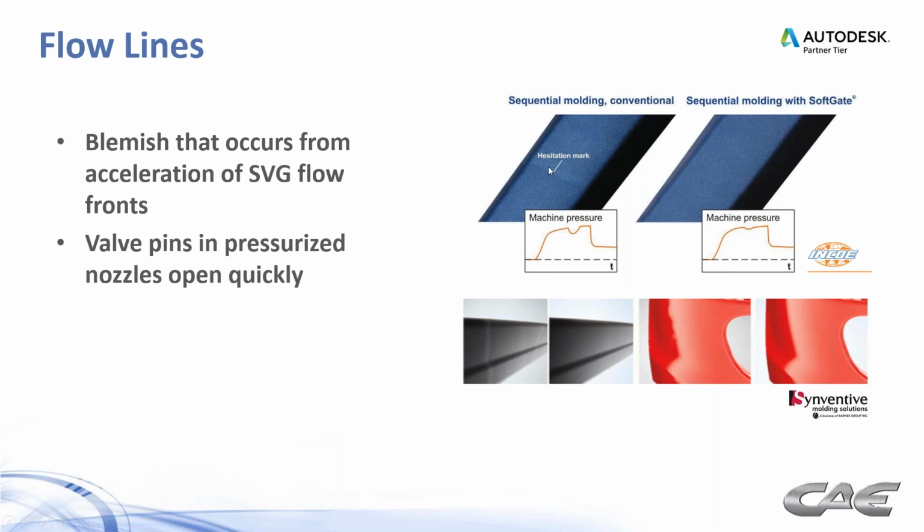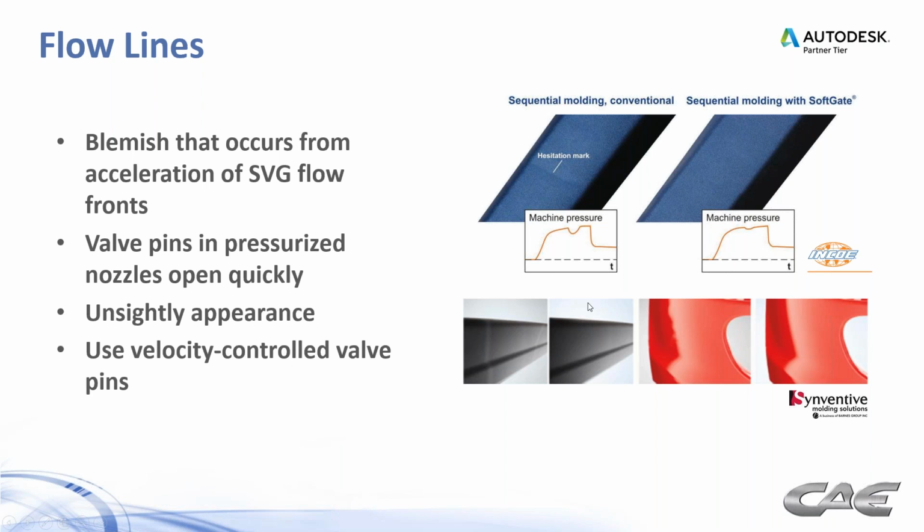And what happens is we see these either hesitation marks or acceleration marks you see on the left here, and that can present what looks like a knit line, but it's really a flow line, as we call them. So several manifold suppliers have come up with the idea of using a valve gate control, velocity controlled valve gate retraction.